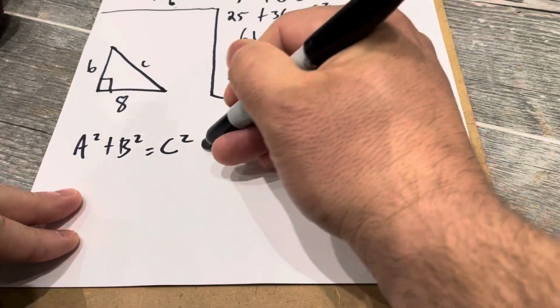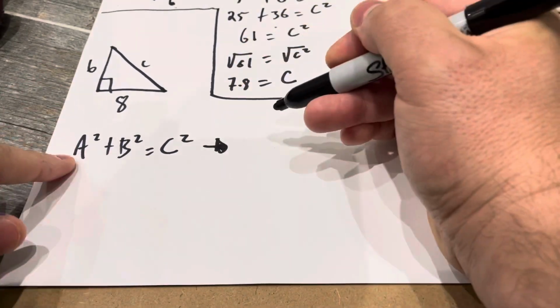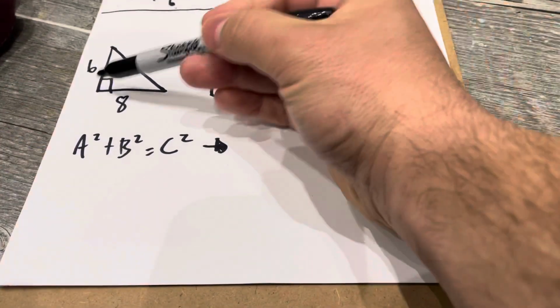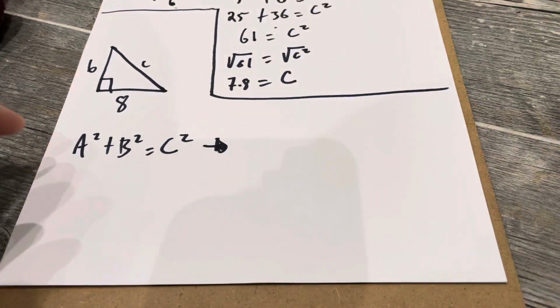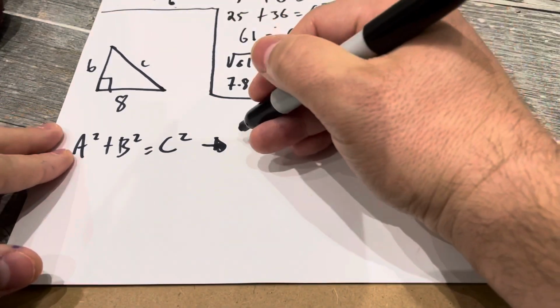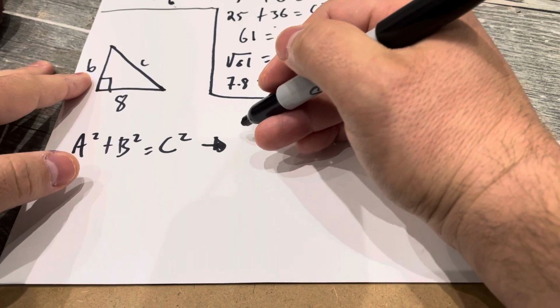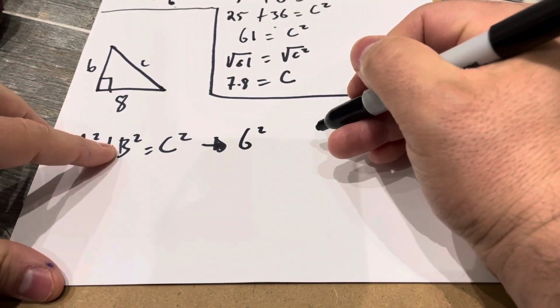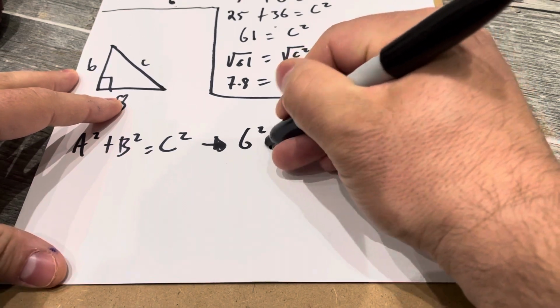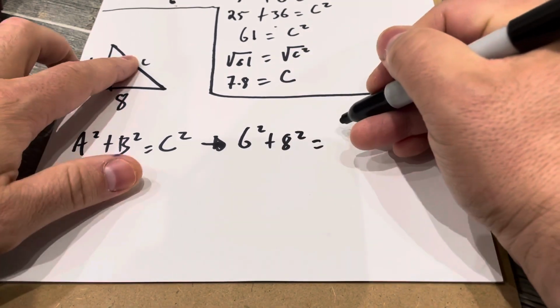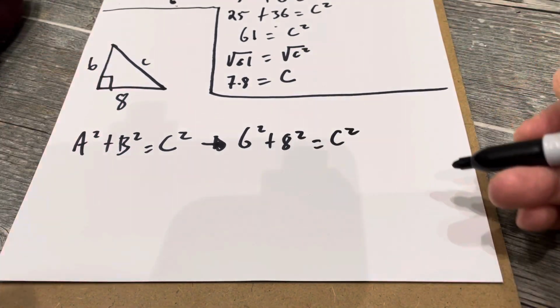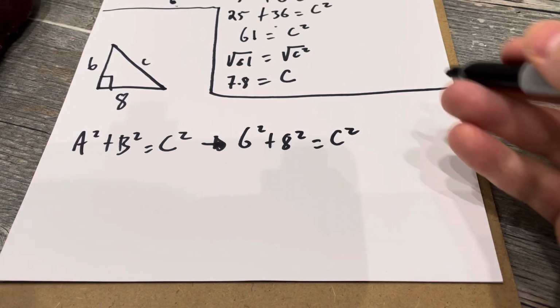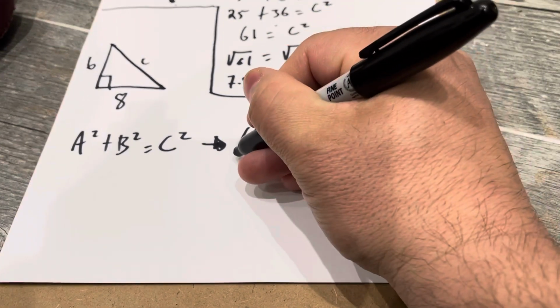I'll explain how, if you have, let's say, a and c, how to get to b as well after. So essentially, our a squared is going to be 6 squared, because 6 is our a. Our b squared is going to be 8 squared, so plus 8 squared equals c squared. Now, 6 squared is 6 times 6, which is going to be 36.